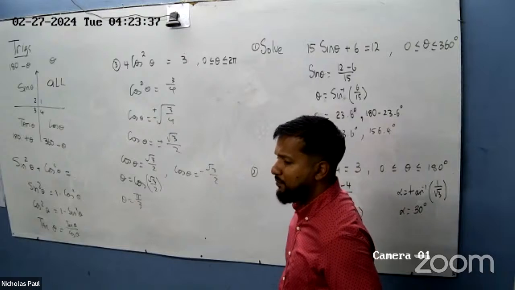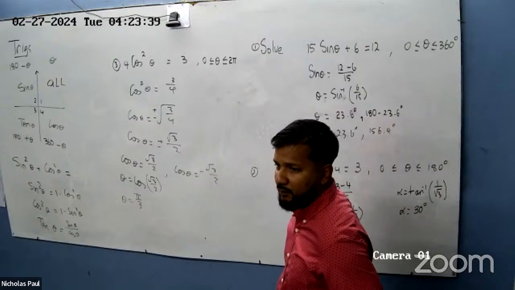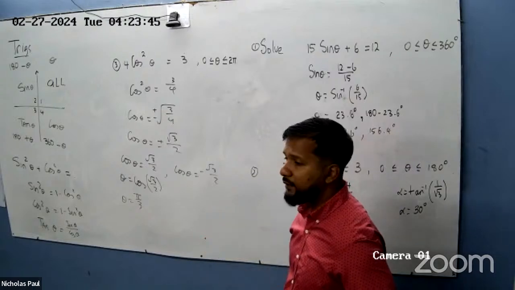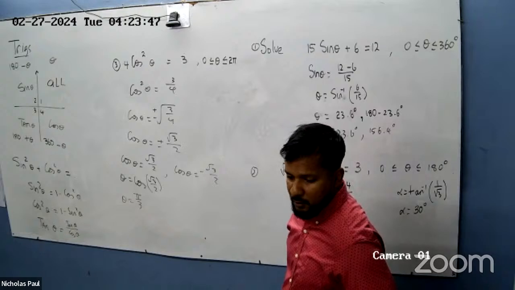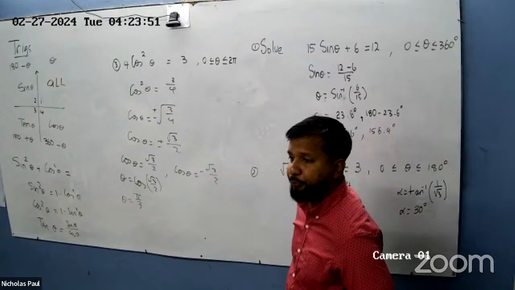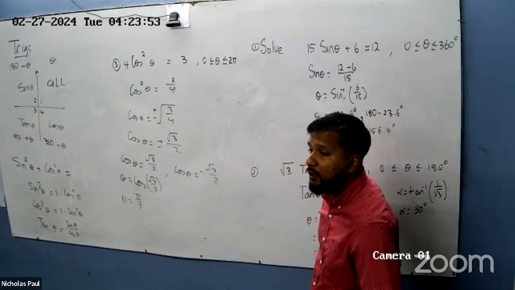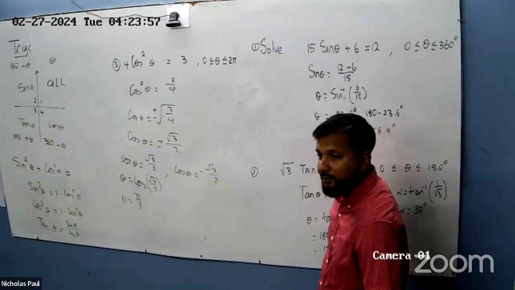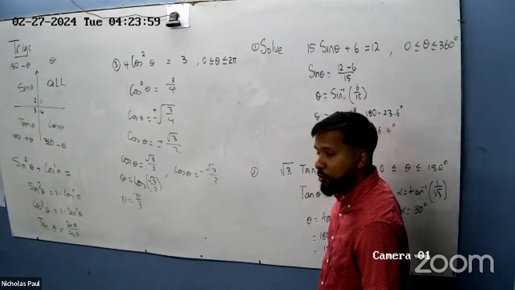Right, decimal value at 1 point something. People are working out this thing. How much did you get here? What's the exact value? That's not the exact value. That's why I get cos inverse root 3 on 2.